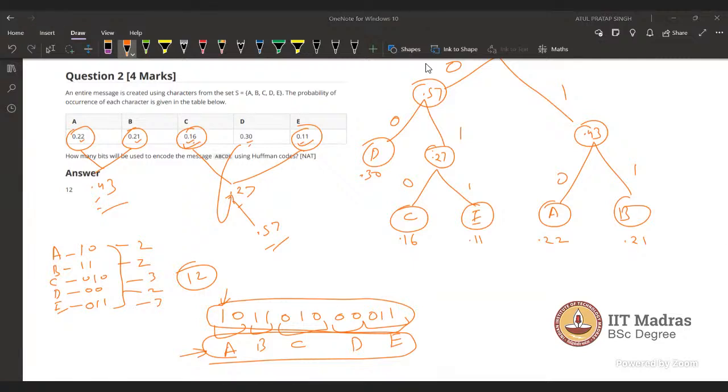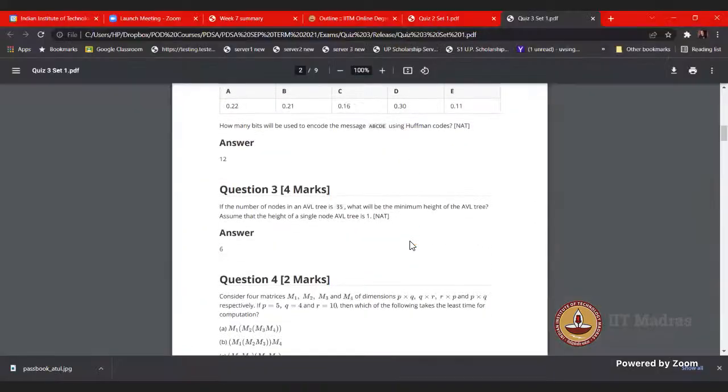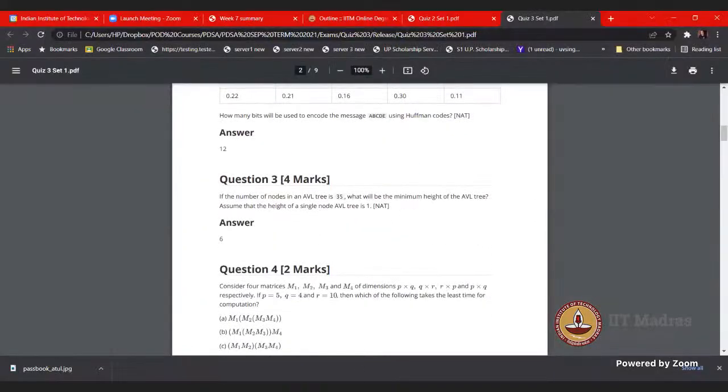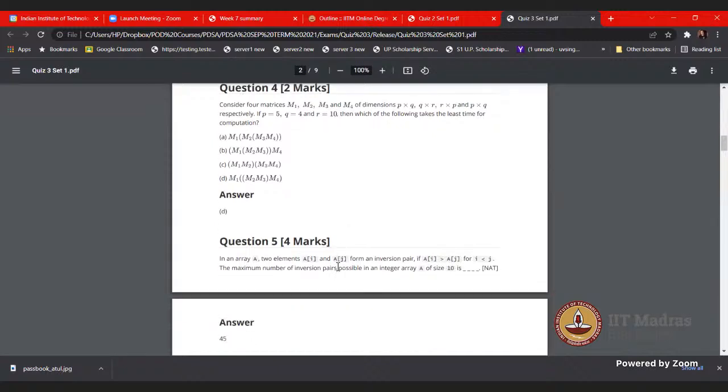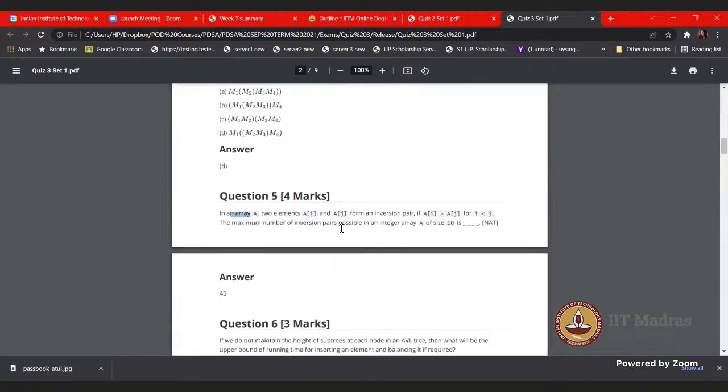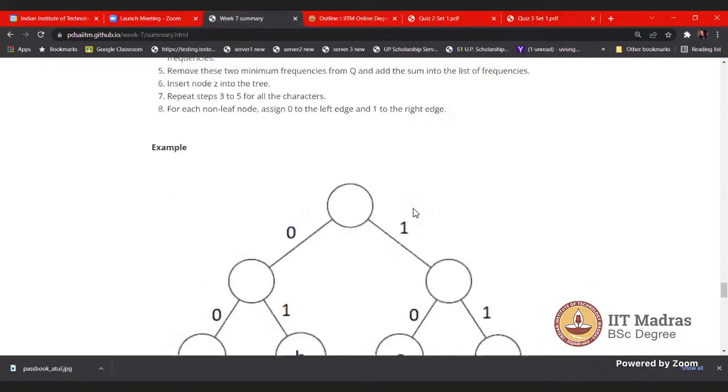Sir, question number 5, in which inversion has been asked, could you please clarify that? Yes, question number 5. This is in an array and is based on a formula.